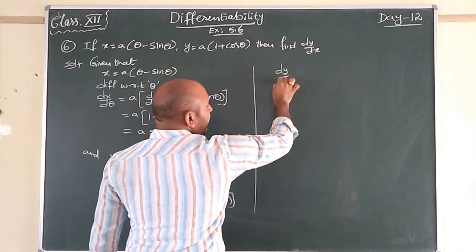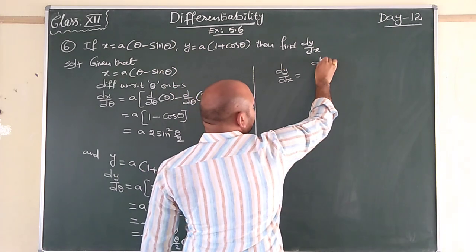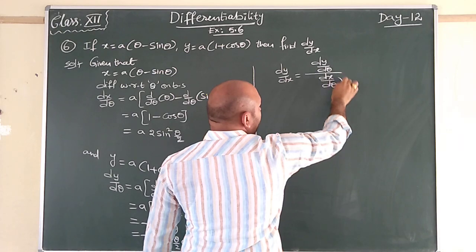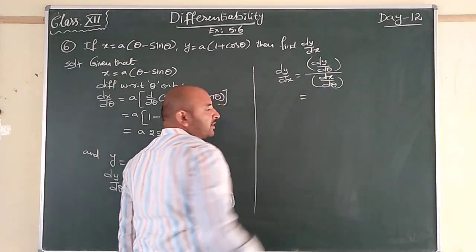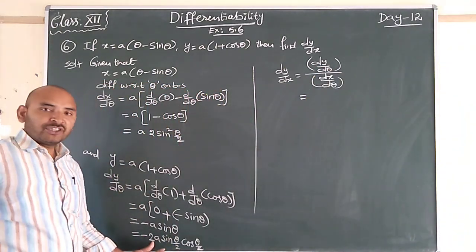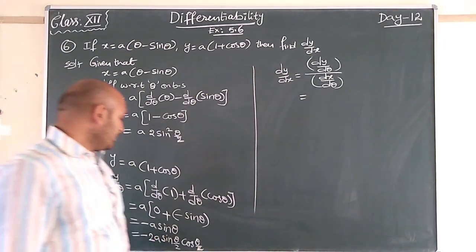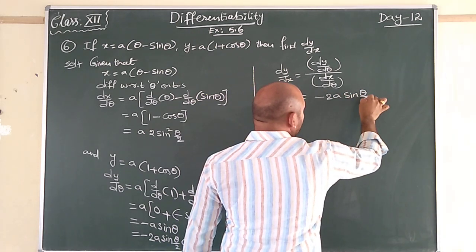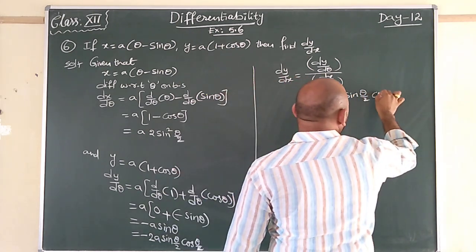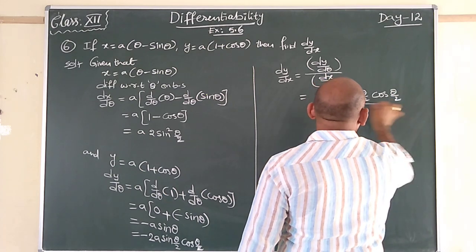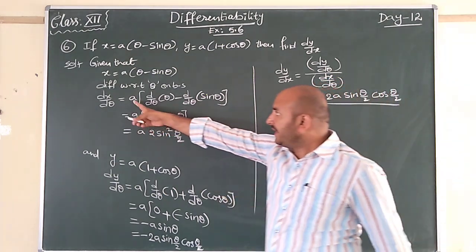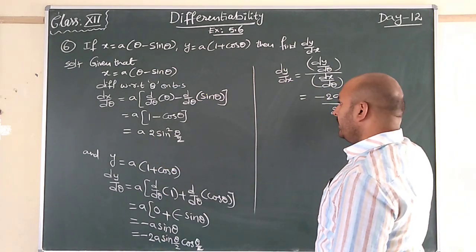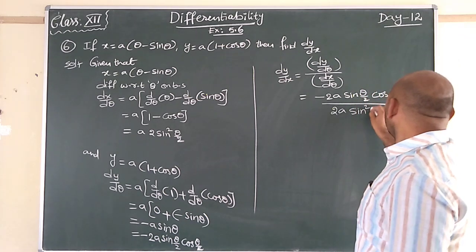So dy by dx is equal to dy by d theta upon dx by d theta. dy by d theta value is minus 2a sin theta by 2 into cos theta by 2, whole divided by dx by d theta value, which is 2a sin square theta by 2.